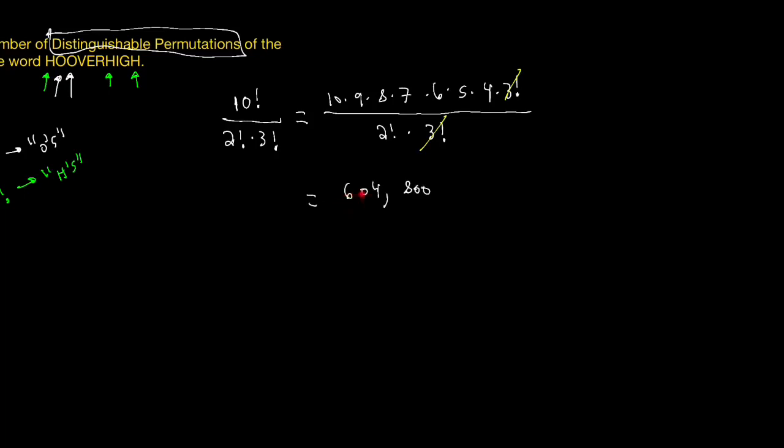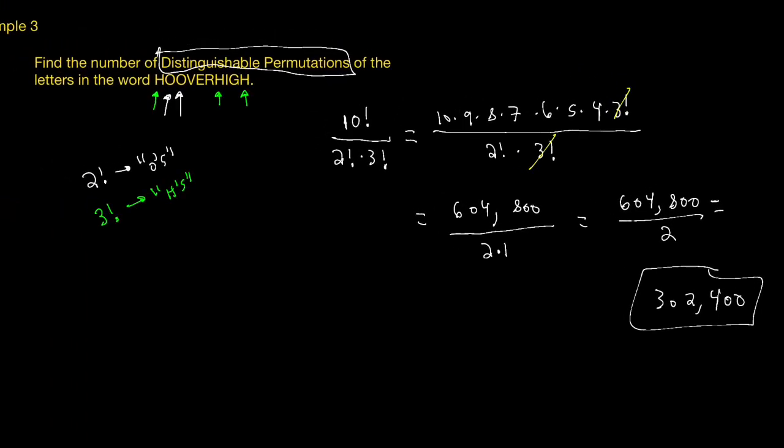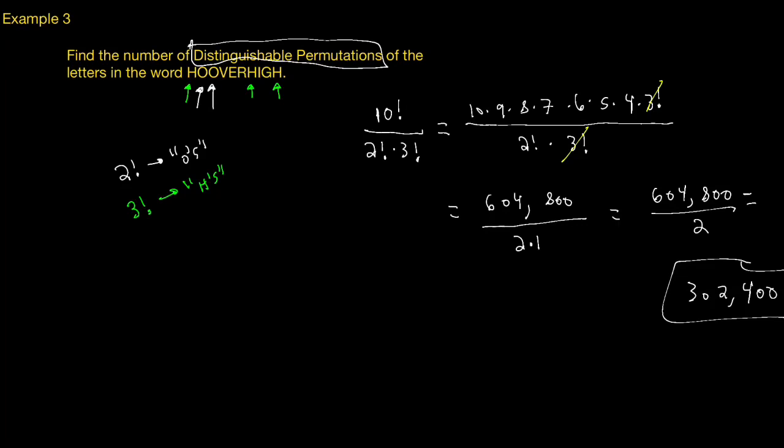And I get 604,800 getting divided by 2 factorial. But 2 factorial is just 2 times 1. So we get 604,800 over 2 times 1 is 2. And this is going to equal a total of 302,400. And that's the number of distinguishable permutations of the word Hoover High.